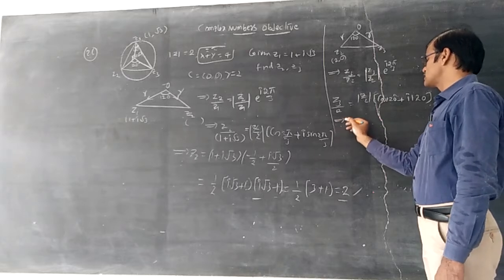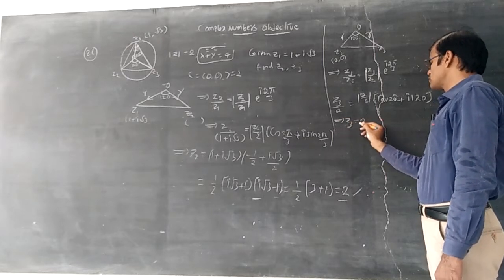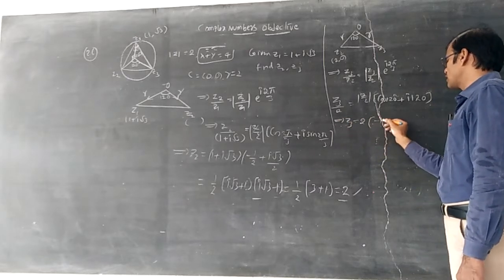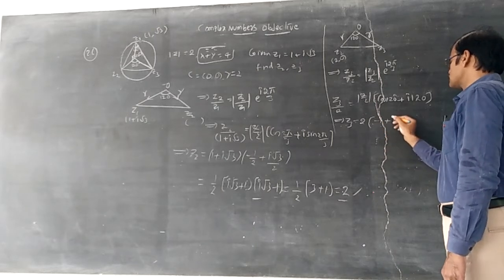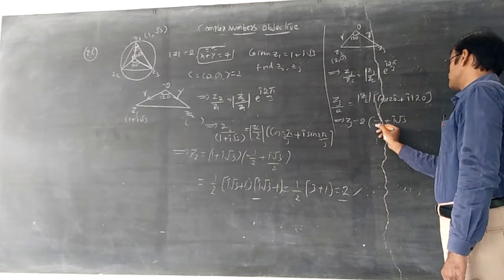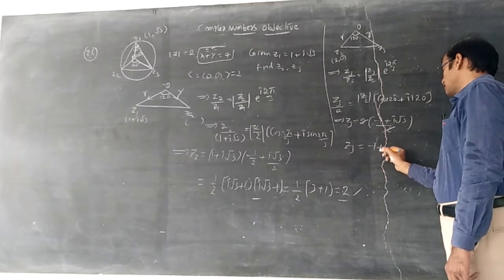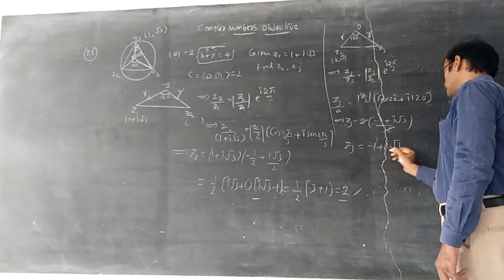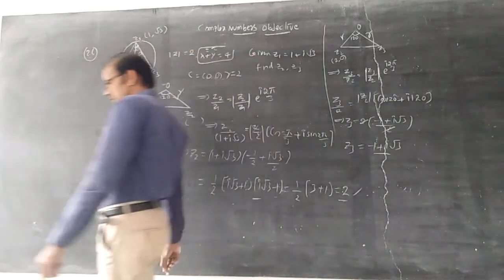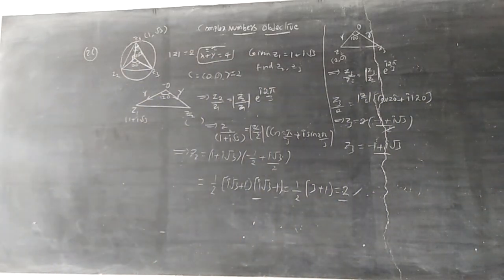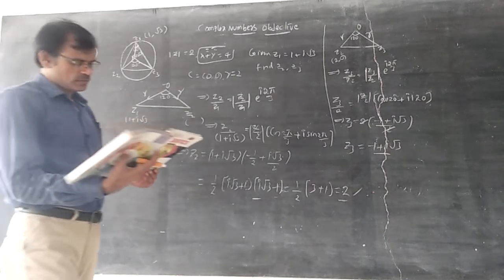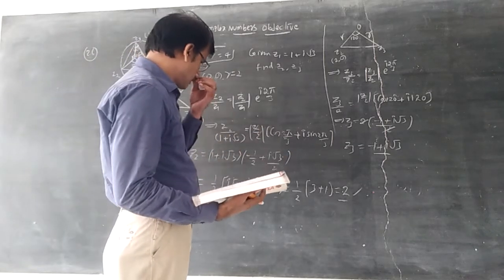That implies Z3 is equal to 2 into cos 120 value, minus 1 by 2, plus i root 3 by 2. The 2s get cancelled. Therefore, Z3 is equal to minus 1 plus i root 3.